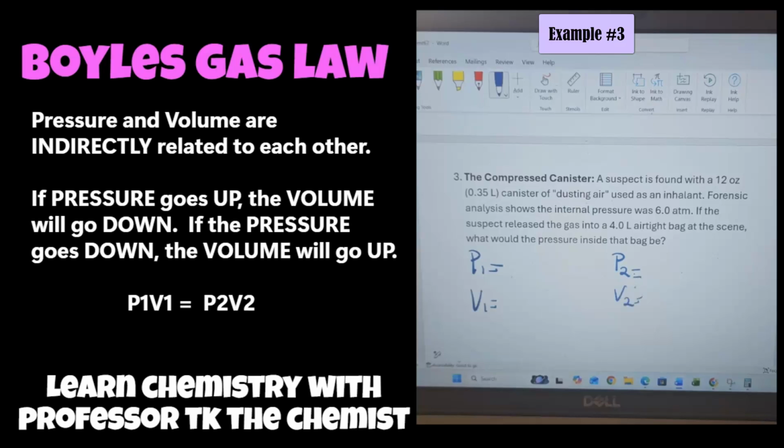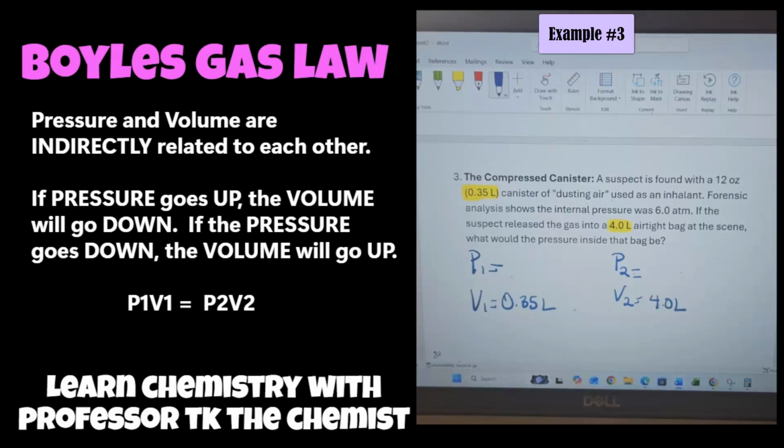You're going to be given 3 of the 4 numbers, all right? So the first volume that they gave you here was 0.35 liters. Then the second volume was 4.0 liters. Let's go ahead and write that down: 0.35 liters and 4.0 liters.